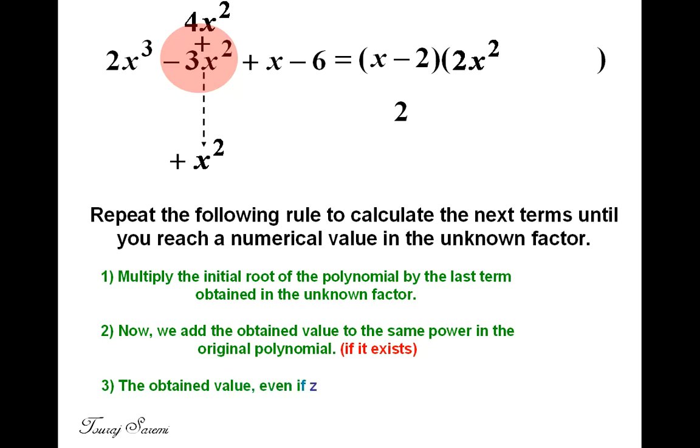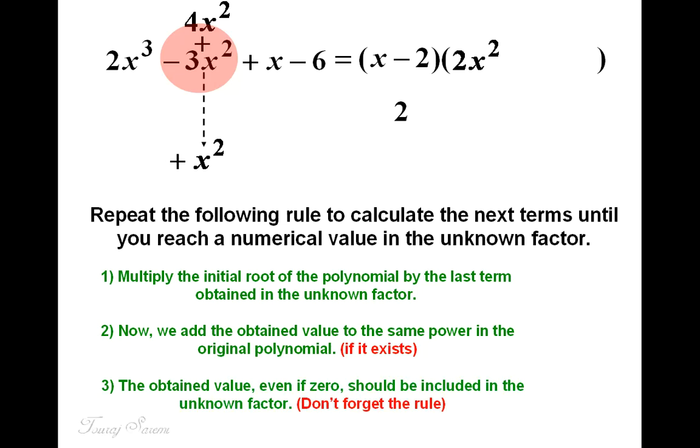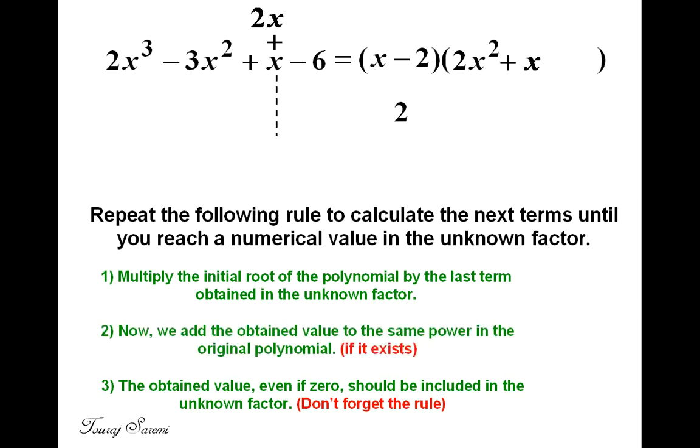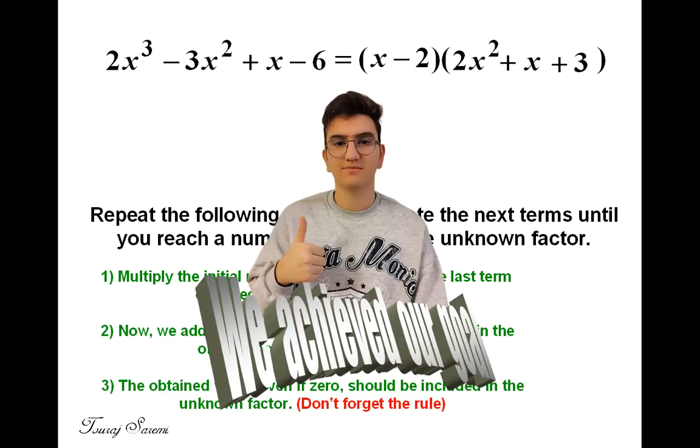The obtained value, even if 0, should be included in the unknown factor. Don't forget the rule. Multiply. Add. Transfer. We achieved our goal.